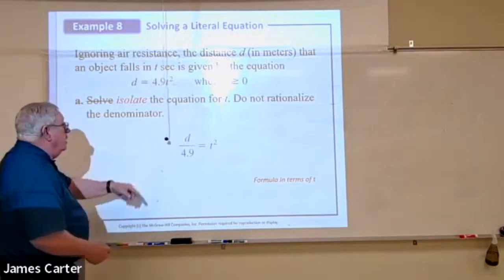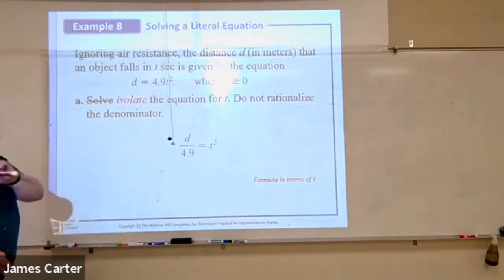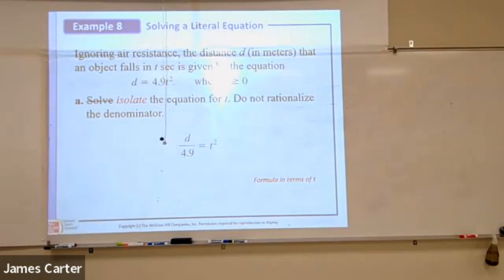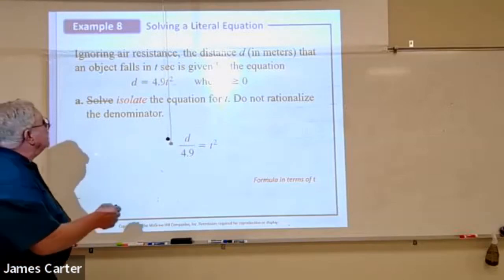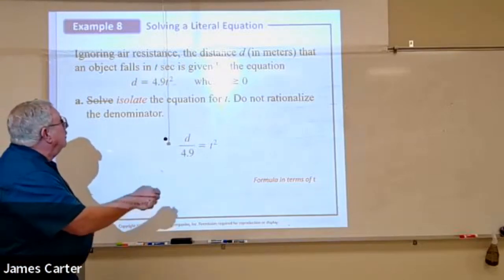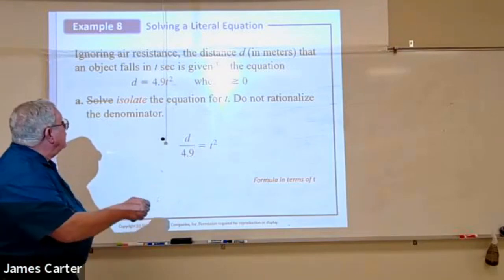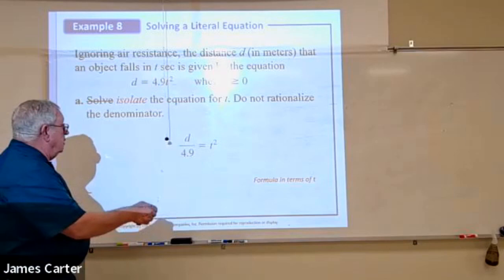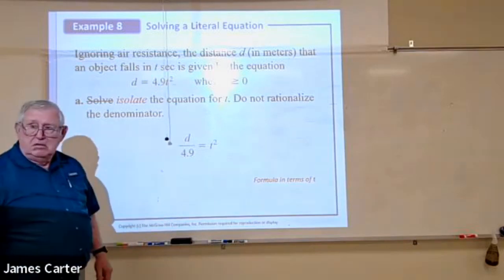This one says, the only difference this time is you might have to deal with a square. Whereas before, we never had to deal with a square. Well, in this case, it's telling us find t, isolate for t. So we've already got that.